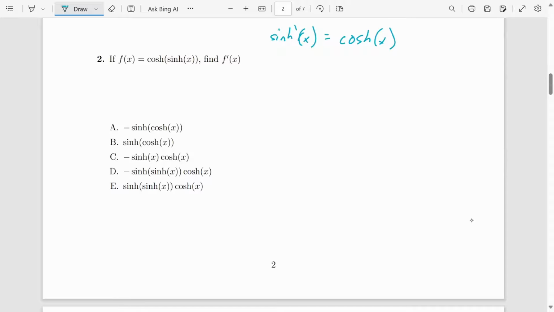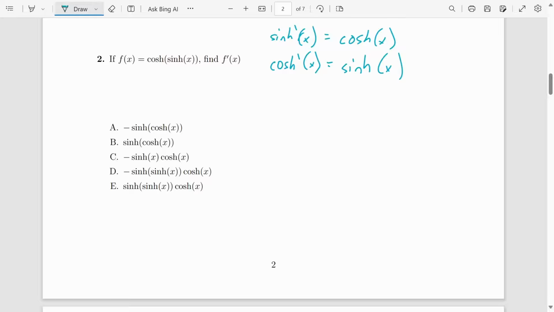And this is the part where it diverges a little bit. Cosh of x, its derivative actually equals positive sinh of x. So normally, derivative of cosine is negative sine, but in this case for the hyperbolic functions, there's no negative. So that's what we do for this.